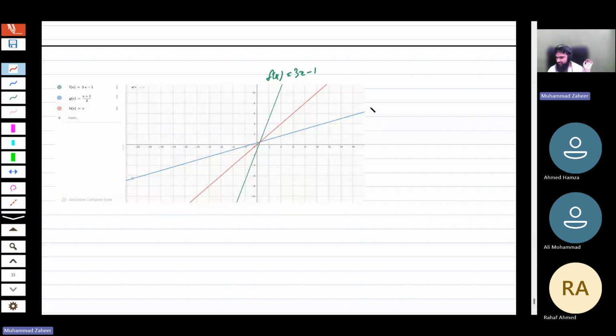The red one is the line y is equal to x. And the inverse function, f inverse of x, is basically x plus 1 divided by 3. So it is a reflection of each point through y is equal to x. So always remember that when you find the inverse function, you are finding the reflection through y is equal to x. Yes, everyone, any question till here?